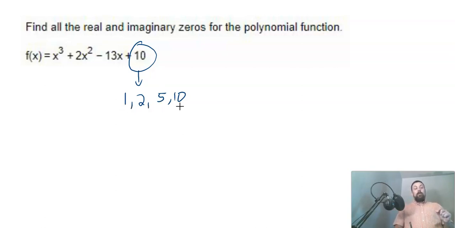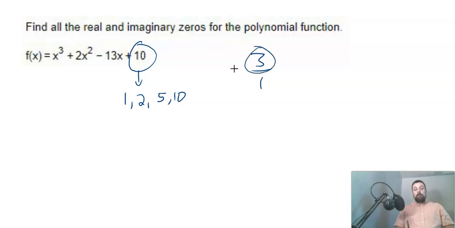Only numbers with these values in the numerator could possibly be zeros of this polynomial, which is why 3 has no chance of working, because 3 as a fraction would be 3 over 1.